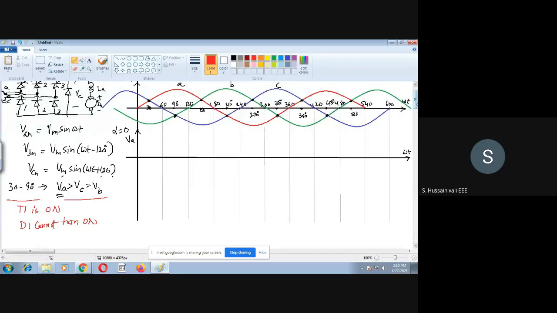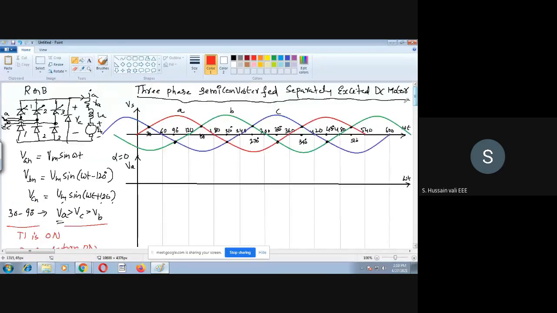Which one is true, we'll see now. For example, you assume that D3 is on. If D3 is on, then what do you find out now? The voltage here is C, so phase C voltage.